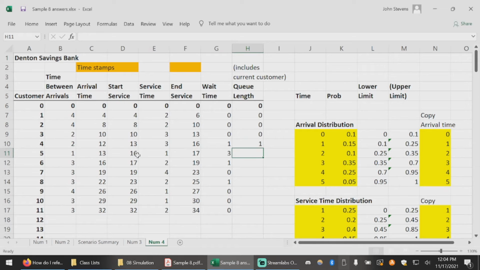Okay. So it seems, I'll do more, but it seems that I'm looking at these 2 columns somehow. Let's figure it out. Customer 5 comes in at minute 13. They do wait, but are there more people waiting? Doesn't seem like it, because as they arrive, the previous customer moves to the front, so they're the only one waiting.